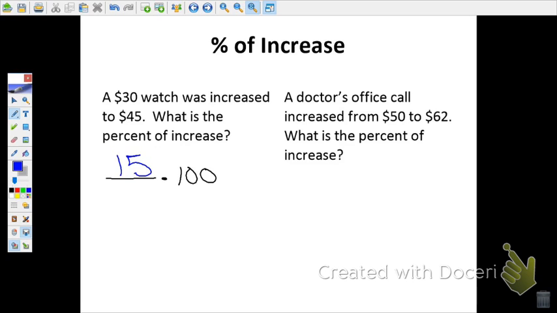What goes in the denominator gets to be a little bit tricky. You need to read carefully because you need the original price in the denominator. So what was the original price of our watch? Kasha? Okay, $30. It was $30, then we increased it to $45. So it is 30.